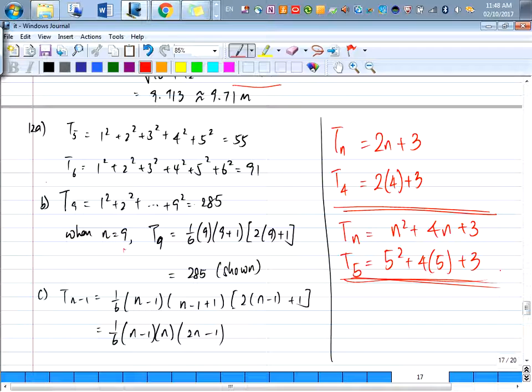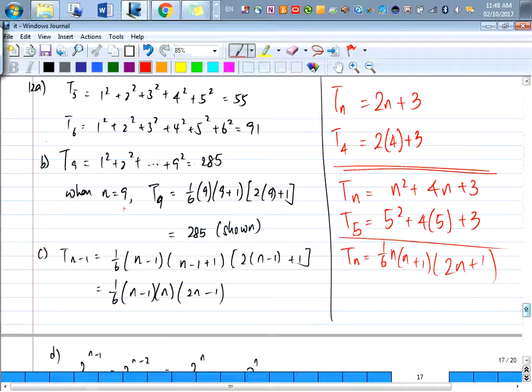What about now? We have Tn is equals to 1 over 6 n plus 1, 2n plus 1. Now the value of n is n minus 1. Okay, this is what they are just asking. Every time you see the n over here, you change it to n minus 1.